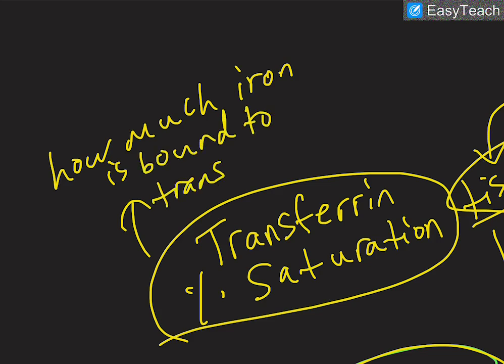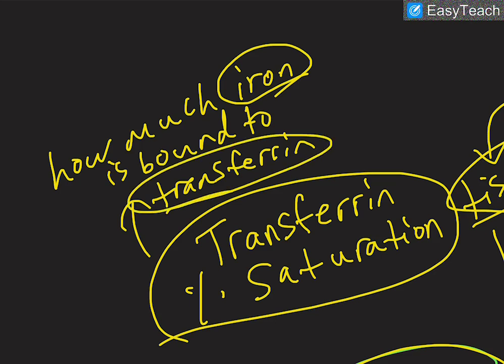Now, in iron deficiency anemia, your serum iron is low. So obviously you would expect not much iron bound to transferrin, because you don't have much iron in your blood in the first place. So you would expect your percent saturation of transferrin to be low too in iron deficiency anemia.